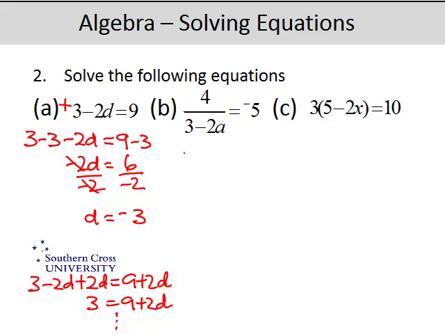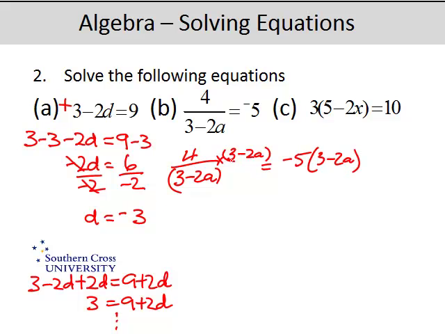So I'm going to multiply both sides by 3 minus 2a, but I'll put it in brackets. So that means we get 4 is equal to minus 5 outside of 3 minus 2a.